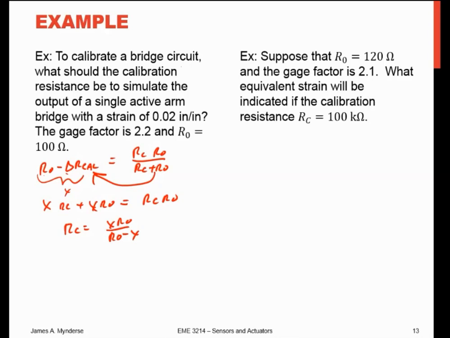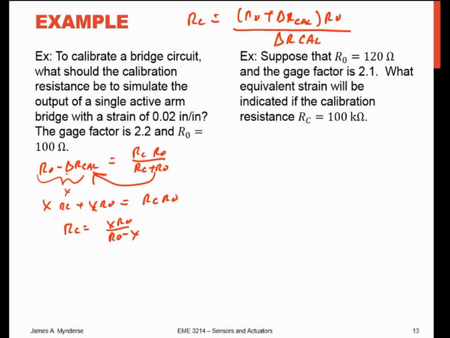I'm going to write this at the top because we're going to come back to this. RC equals R0 plus delta RCal, times R0, all over delta RCal. Okay?